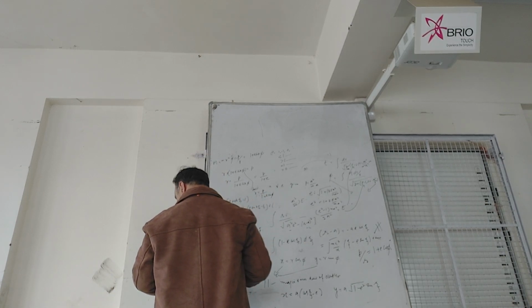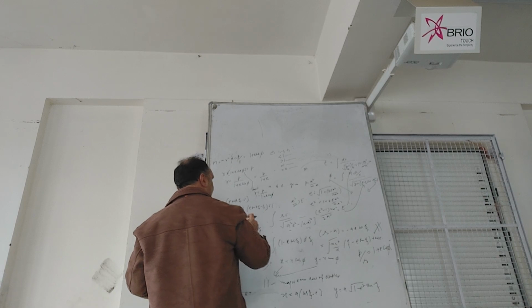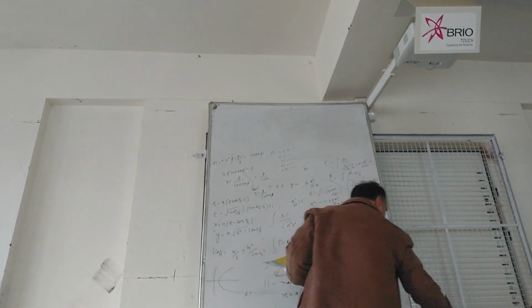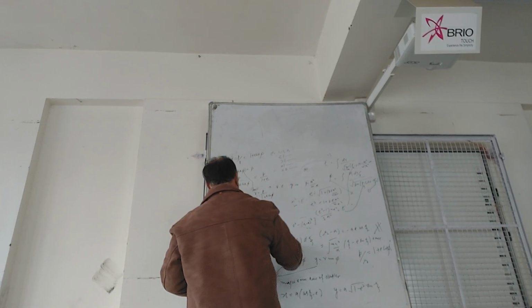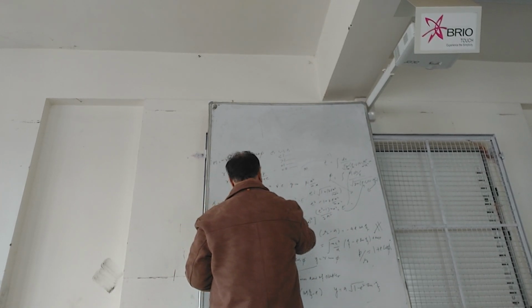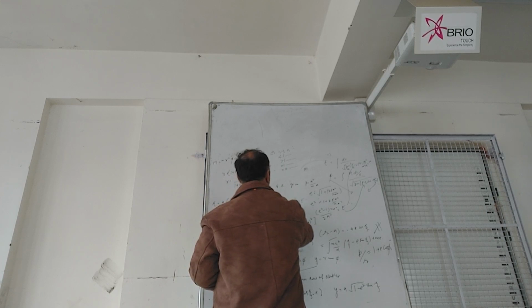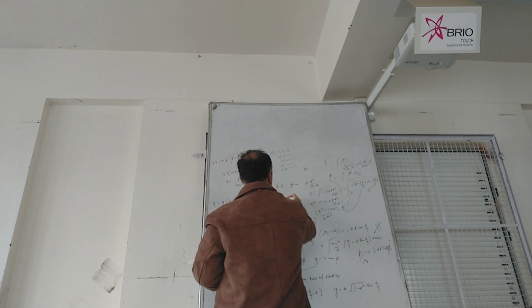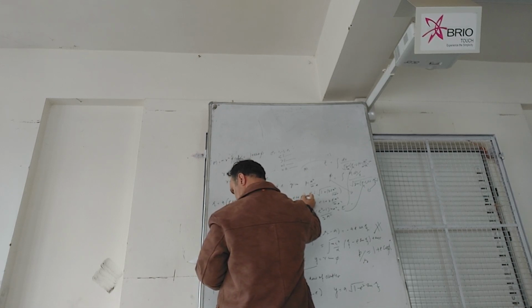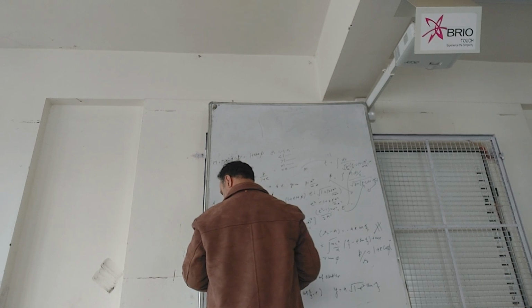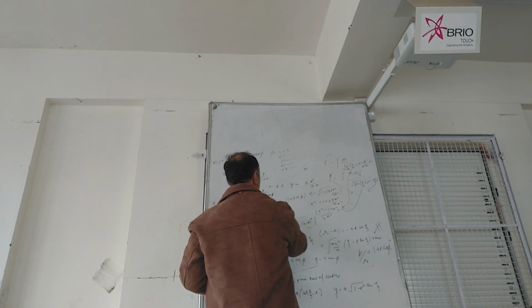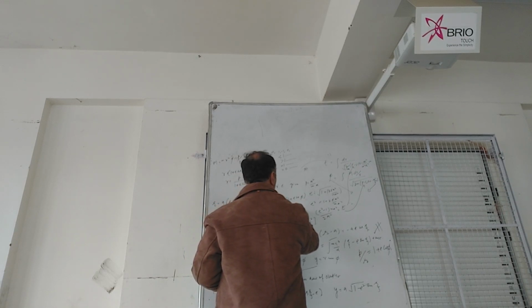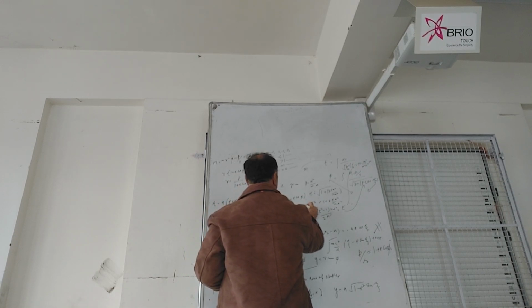Here, p by r we were saying, make it 1 plus e cos phi. So here plus 1 will not come, here minus 1 will come because of the change of sign of the potential.